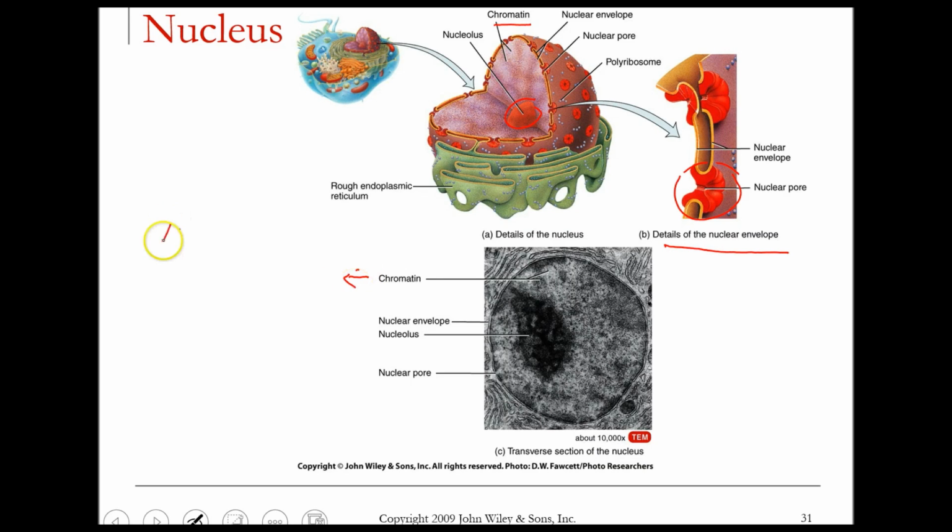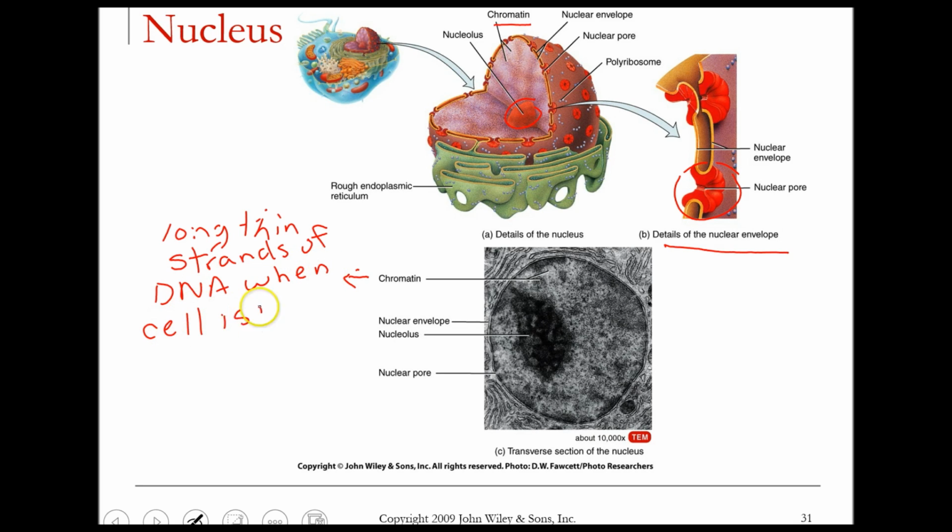So chromatin will be the long, thin strands of DNA that will be found when the cell is not replicating, when the cell is not dividing, when it's not going through mitosis.